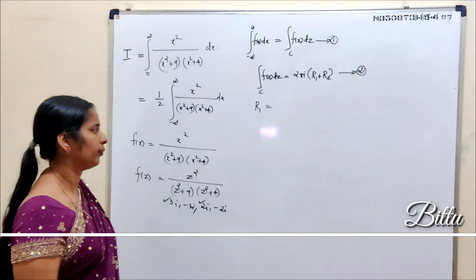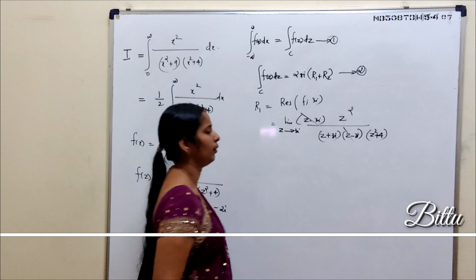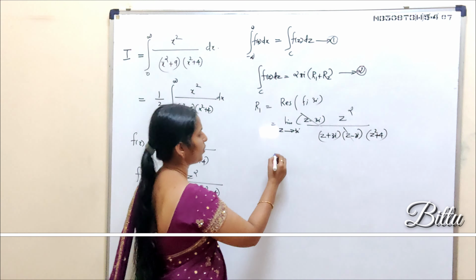You take r1 as the residue of f at 3i. That is the limit as z tends to 3i of (z minus 3i) into f(z), which is z square by (z plus 3i) into (z minus 3i) into (z square plus 4). It is not necessary to factorize this term because we have to make a simplification here again. Next you put z equal to 3i.